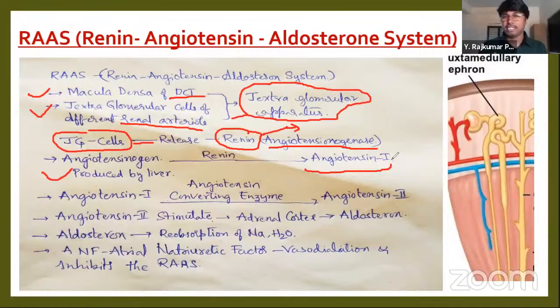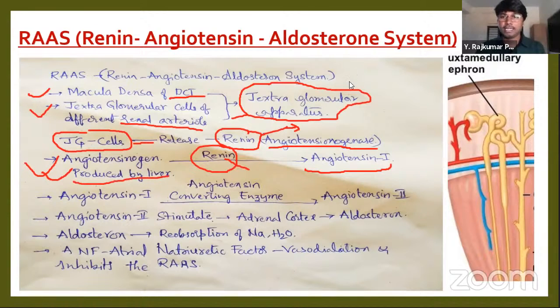Dear students, let me repeat. Juxtaglomerular cells release an enzyme called renin, which is angiotensinogenase. This helps in the conversion of angiotensinogen into angiotensin 1. Here I have written the renin, which plays a key role in this conversion. This angiotensinogen is produced by the liver.